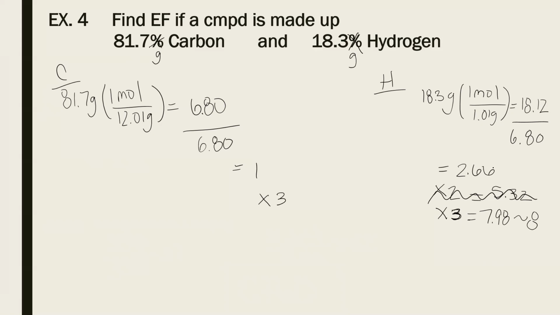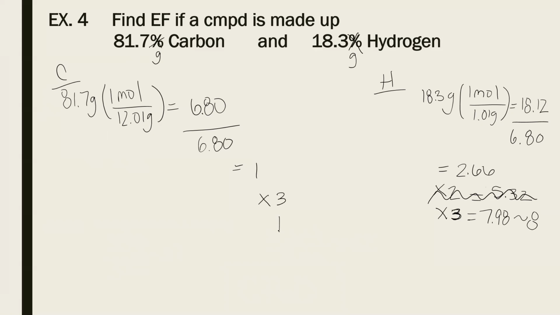Because of that, I had to figure out what times of this will give me very close to a whole number. I took it times 2, I got 5.32. That's still in the middle. That doesn't help me. I backtracked. I took this times 3. That gave me 7.98. 7.98 is very close to 8. So I can use times 3 to get my ratio. But you also have to do it to this side.